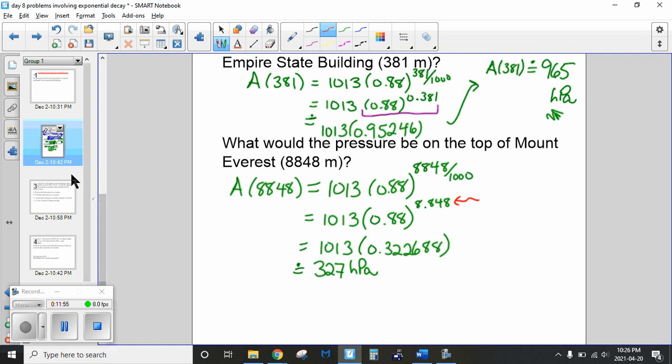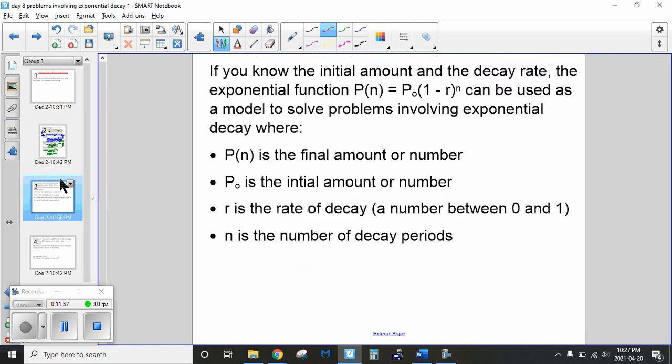Alrighty. The next slide has the general formula. This is going to look familiar because we just did this with exponential growth. And I'm just going to point out that we need the initial amount. This time it's a decay rate. And this time we're using a subtraction in that general formula instead of an addition. The rate of decay is a number between 0 and 1.